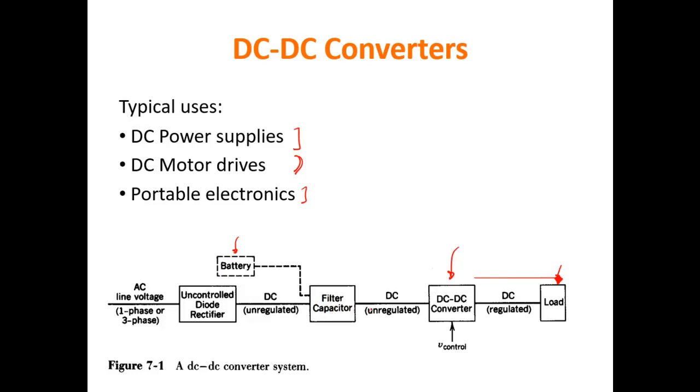This filter capacitor is simply used in order to provide current impulses that the battery typically cannot provide. And then you have the DC-DC converter, and then the load.